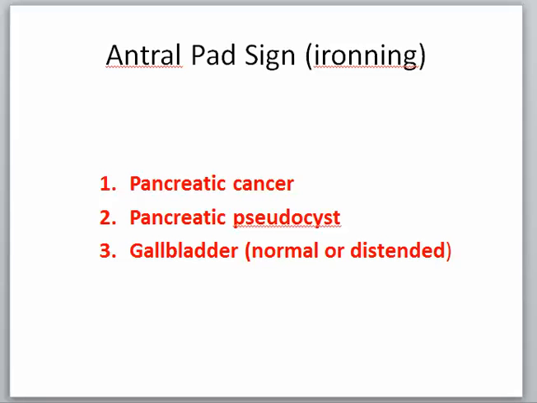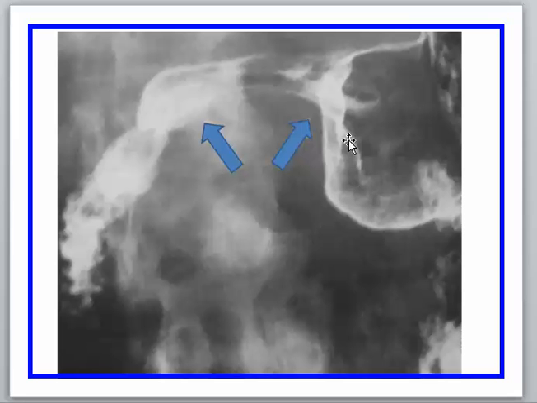But gallbladder distension will reduce invagination of this area. And this is the example. If you see this ironing, that means the mucosa is stretched. The mucosal stretching of the pylorus, canal, and duodenum, as in this appearance, is usually due to pancreatic lesions, pancreatic mass or pancreatic pseudocyst.